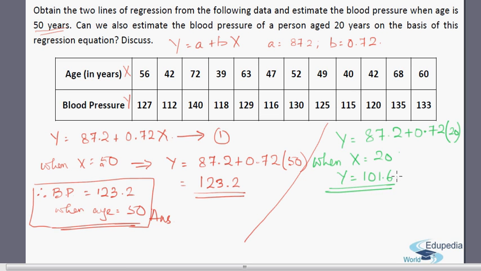right? But practically we know that the blood pressure of a person aged 20 is usually normal. Usually it is only when the age is above 40 or 45 that the blood pressure starts fluctuating, either going high or low and so on. Whereas for a person aged 20, that's not the case. Therefore we cannot and should not use the same regression equation for estimating this value, because it has a range and we know practically that this is usually not true.